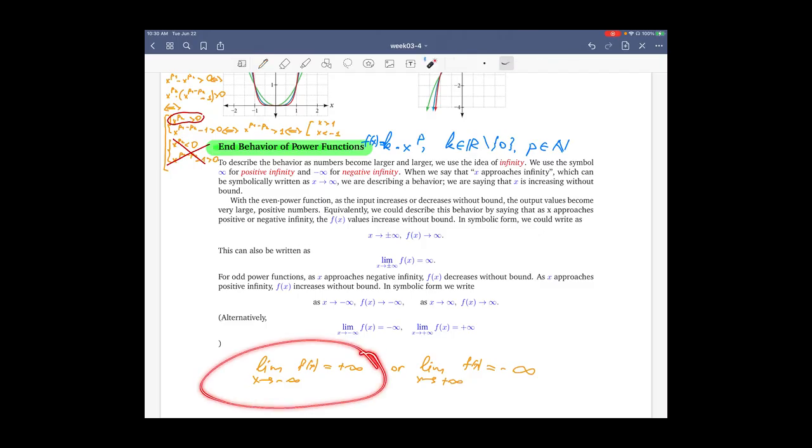This means, for instance, that the value of f could be made arbitrarily large by choosing appropriately x as a very large negative value. And accordingly here, as x approaches positive infinity, meaning x is allowed to take arbitrarily large positive values, values of f become infinitely negative.